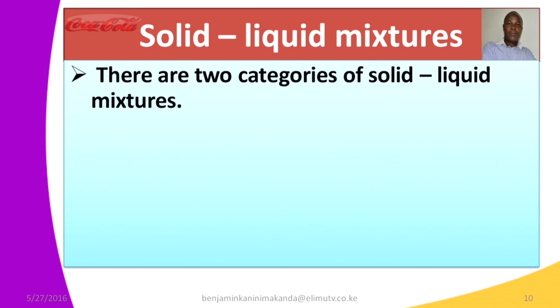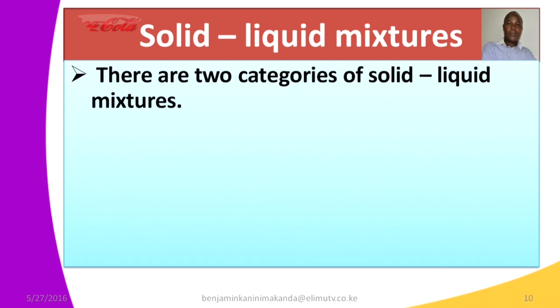Just before we go to the details of this, let's have examples of solid-liquid mixtures in their two categories. In one category, I take sand and put it in water, and the sand is not going to dissolve. So in that case, we have an insoluble solid-liquid mixture. On the other hand, I take sugar and put it in water. Sugar dissolves in water to form a solution.